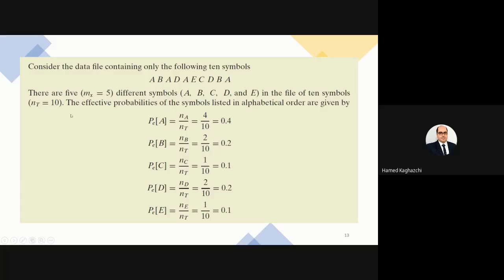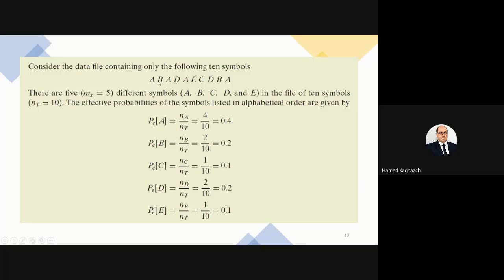Now, for calculating the effective probability, I learned that PE of A is NA divided by NT. How many A symbols do I have here? 1, 2, 3, 4. 4 divided by 10, 0.4.